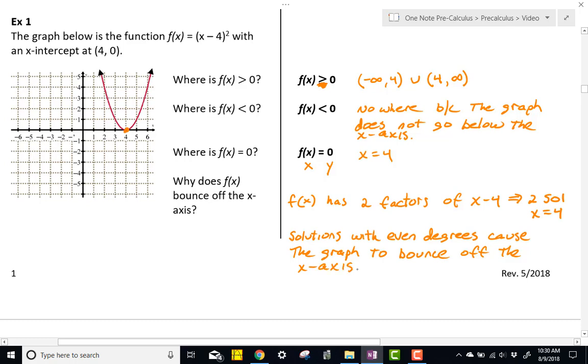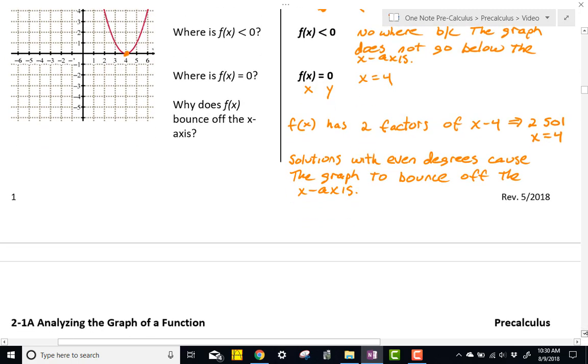I might not be saying this perfectly. We'll talk more about that later on, but that was one of those things that we talked about in Algebra 2 quite a bit. We'll talk about that again in this class.